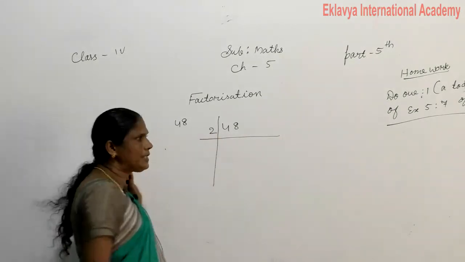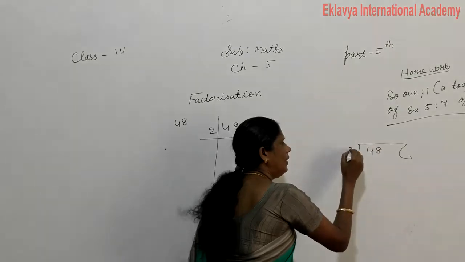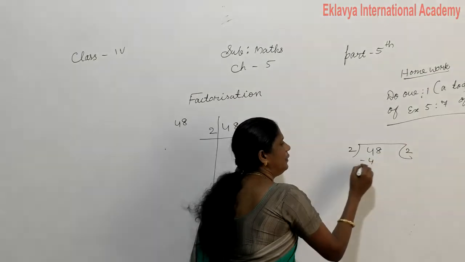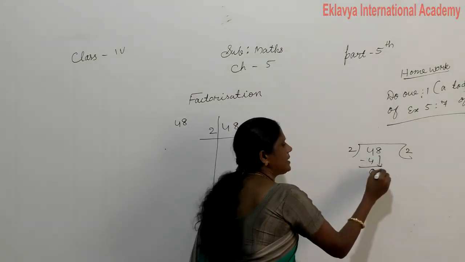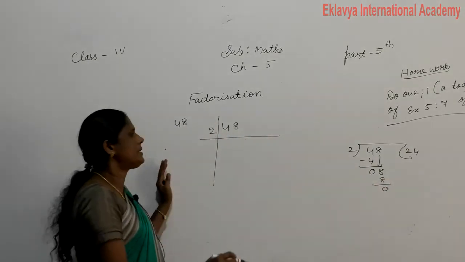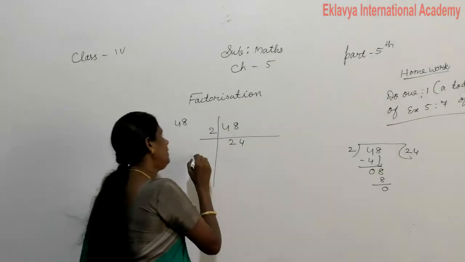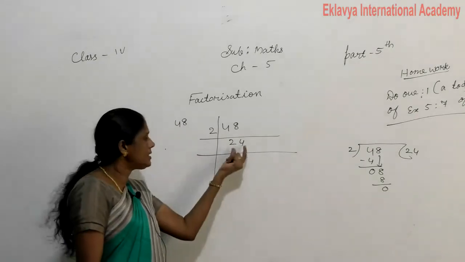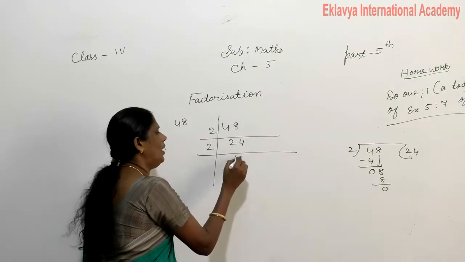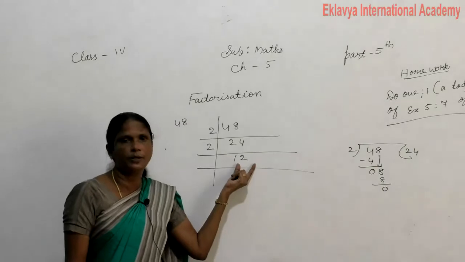Then first you divide this number in the rough notebook. How many times does 2 go into 48? 24 times. Again you check whether this number is divisible by 2. Yes, again, you write 12. Again divisible by 2?